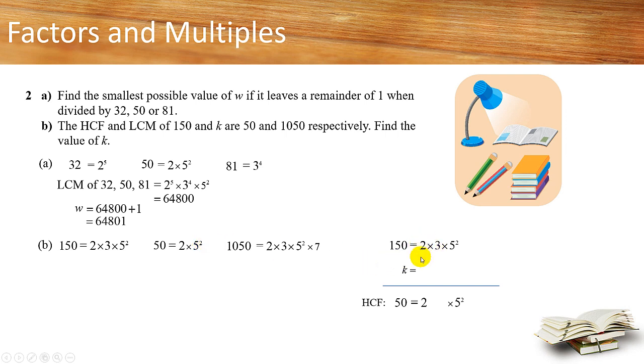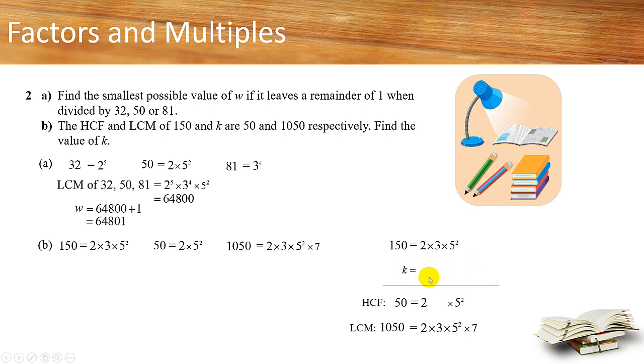You notice that the 2 I put in this column, while the 5 squared I put in this column. So that's the HCF. And the LCM, 1050, is equal to 2 times 3 times 5 squared times 7. Now you're going to work backwards to find the missing factors over here.